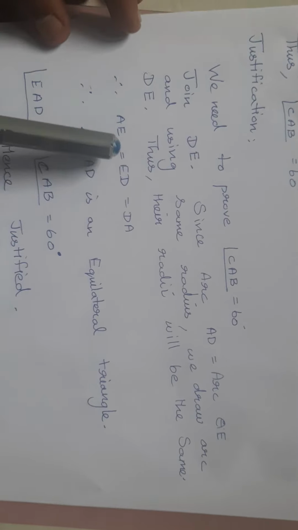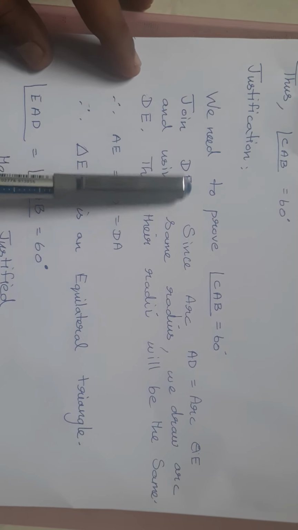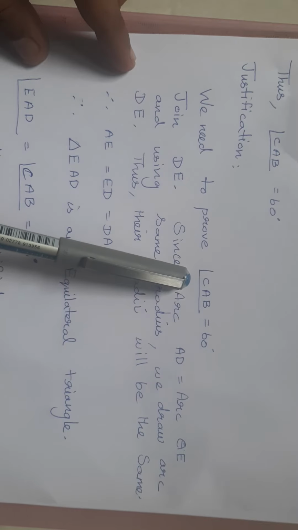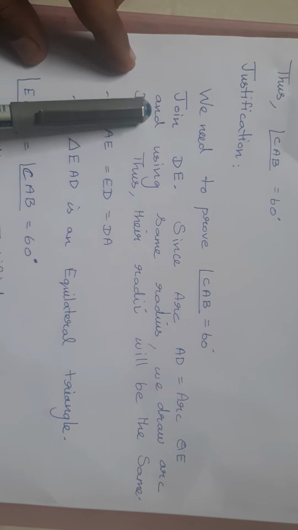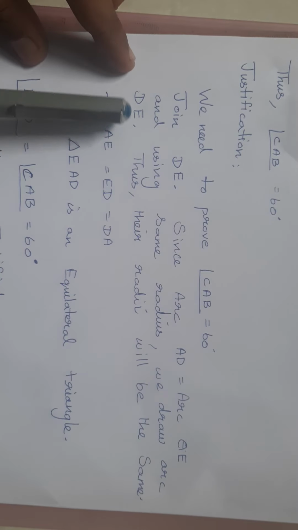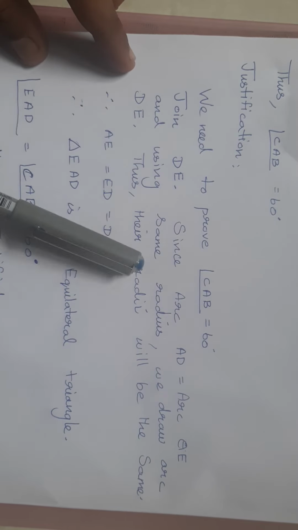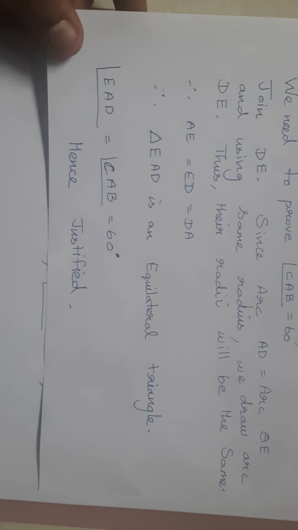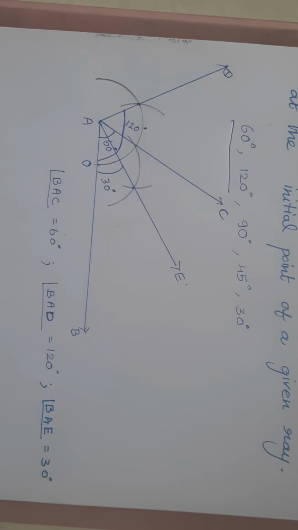The construction part is in your book also. The justification is simple: we need to prove angle CAB is 60 degrees. Join DE, since arc AD equals arc AE, using some radius we draw. These constructions are already in your book, so you can use them, no problem at all.